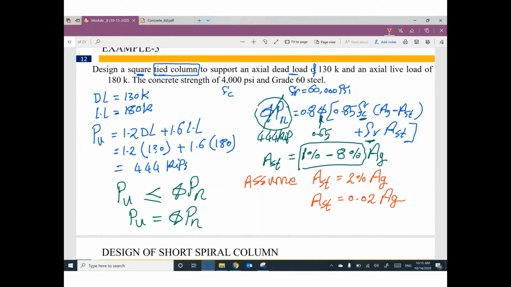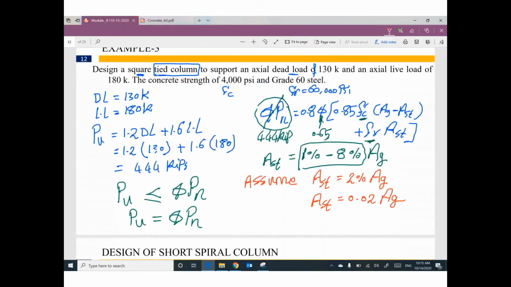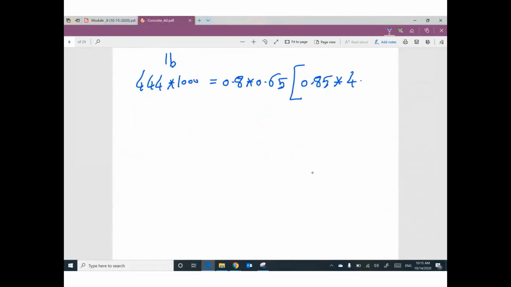So your equation, to make it clear here: 444 times 1000 to be in pounds equals 0.8 times phi 0.65 times 0.85 f'c. What is the value of f'c? 4000 times area gross minus area steel. That's right.